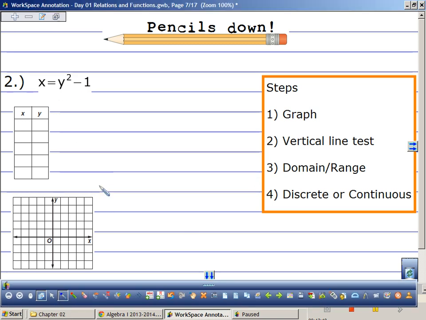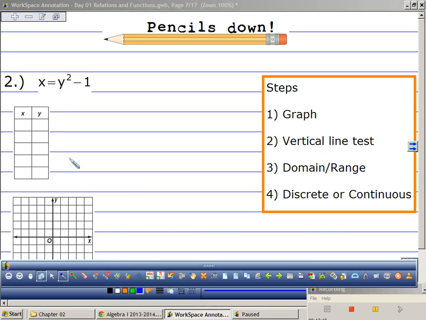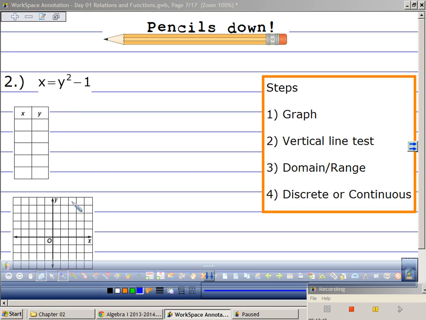This one looks different. How does this one look different? Y is squared instead of X being squared. So when we talk about X being squared, X has mirrored symmetry on each side, in the positive X and in the negative X. Well, the parent graph of this would look like that.